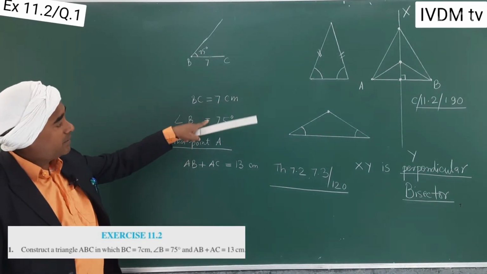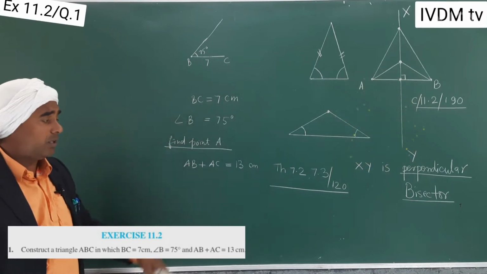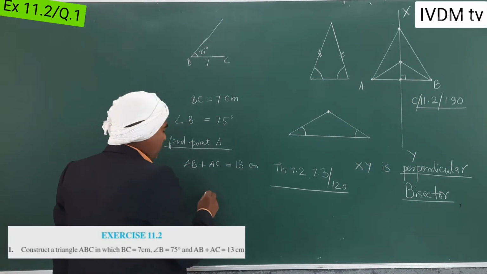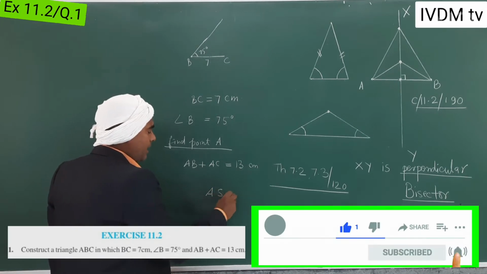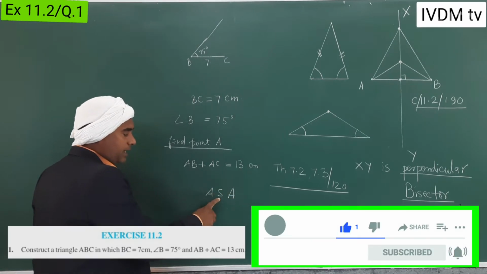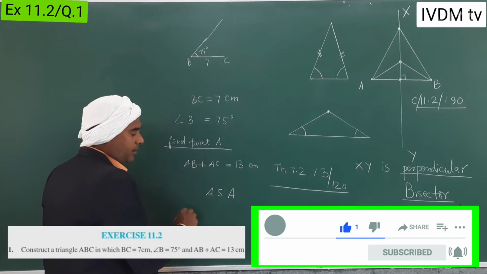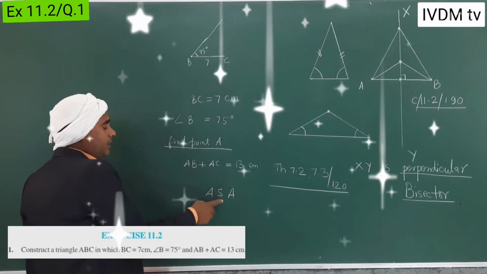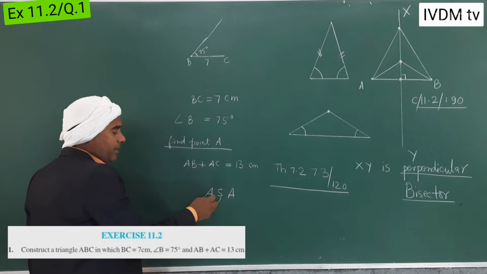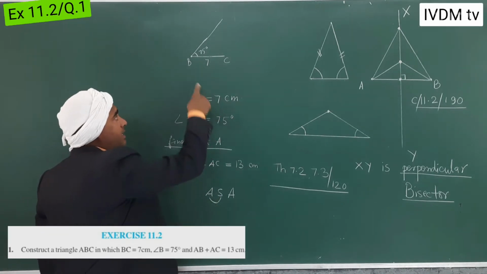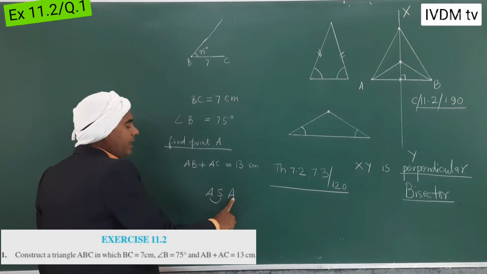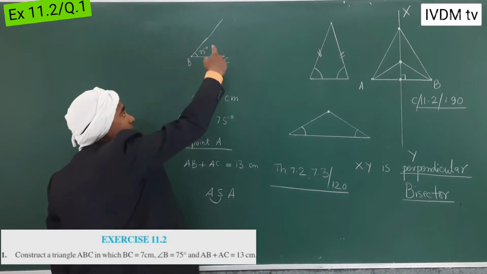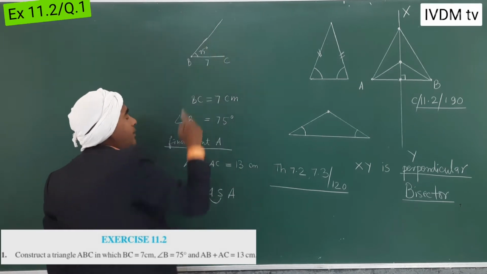So 3 informations are required in a triangle, just like ASA, one side and 2 angles. Here the side is given and the angle is given: BC side and angle B is equal to 75. If we know another angle, we can make the triangle.